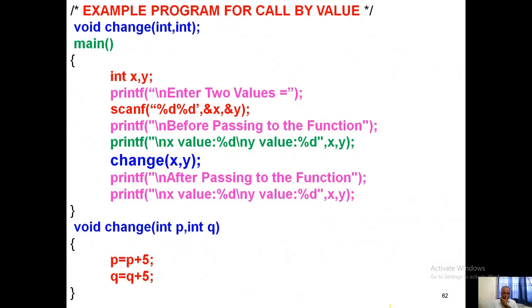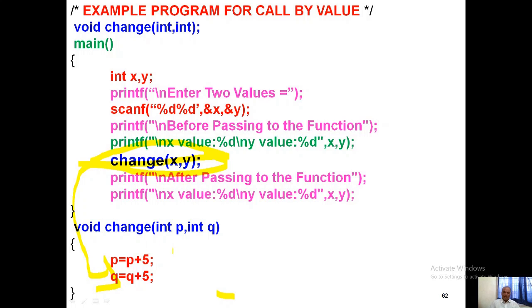Look at this program. I will explain in detail how the values change. Enter two values. Here I entered 5 and 10. x is 5 and y is 10. Before passing the values, x is 5 and y is 10. Here I made a change using the function change x comma y, call by value. In the function, p equals p plus 5.